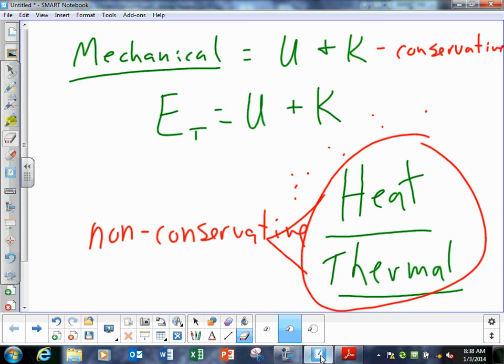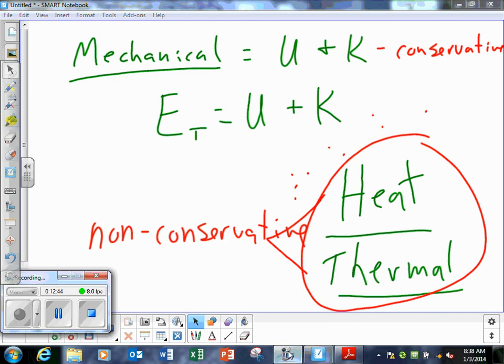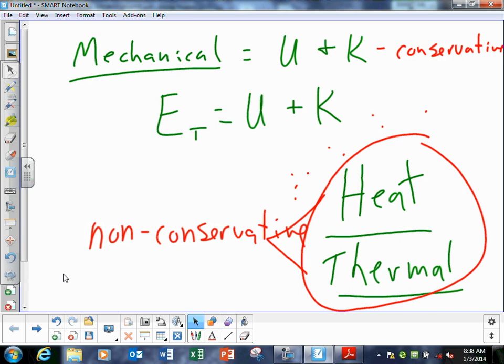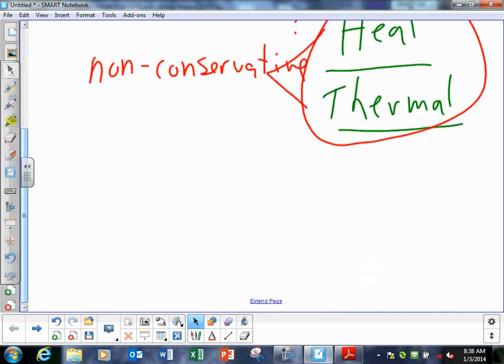So, what do you think would be a non-conservative? Well, here, let's have a question here first. What do you think would be a non-conservative force or a non-conservative energy that we've already been talking about and dealing with in the last chapter? Any ideas? Well, take your hands, rub them together. What do you get?